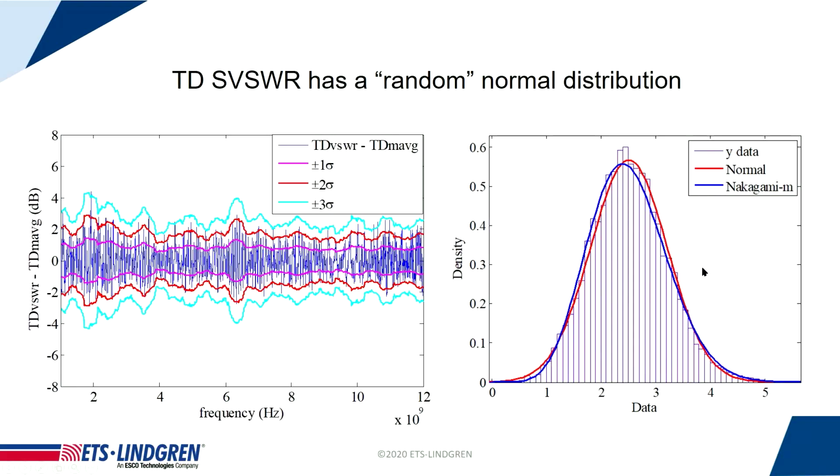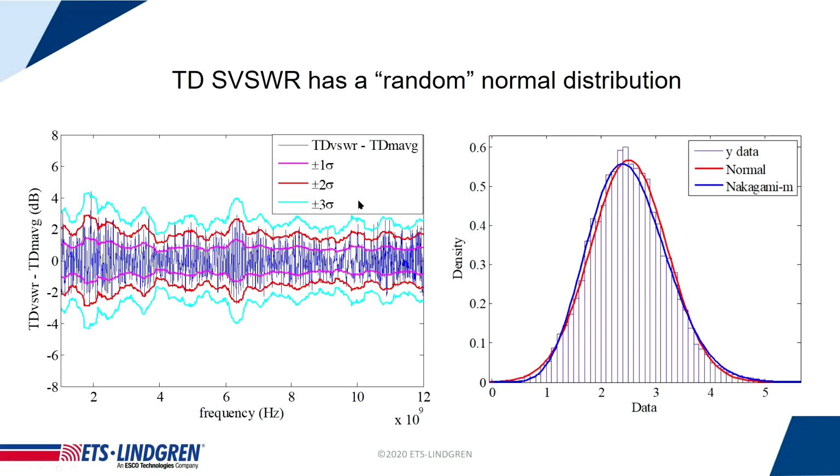This gives us a hint that if the data is really Gaussian noise-like with a normal distribution, maybe we can use statistical metrics to describe a site VSWR, and then if we want to change the severity of the requirement, I can basically use a different coverage.